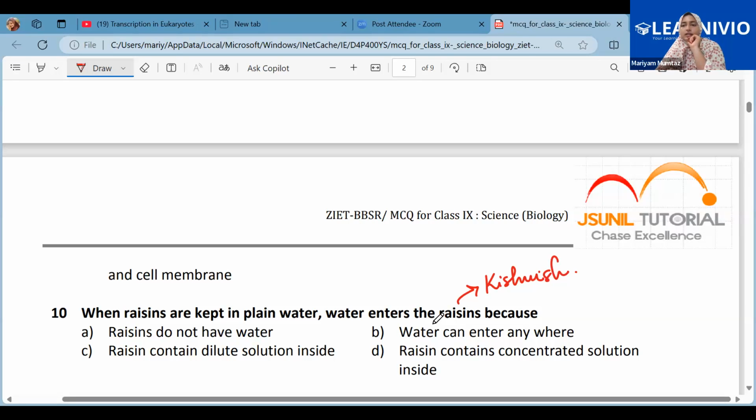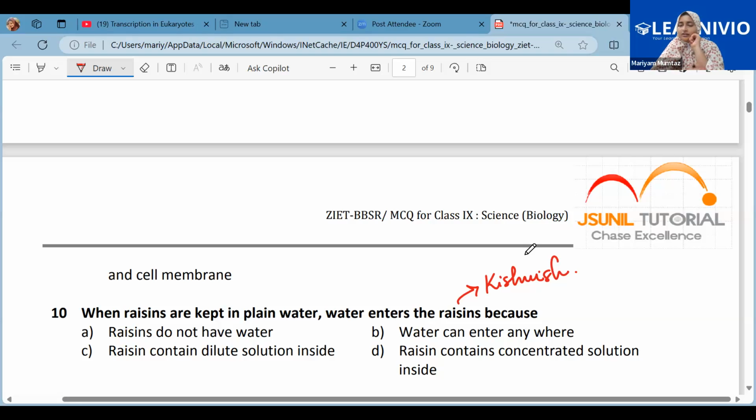But don't you think a concentrated solution means more solute, less solvent? For example, you've taken half a glass of water and you've added 10 spoons of sugar, so that becomes a concentrated solution. Dilute means more water is there. Concentrated means less water is there.